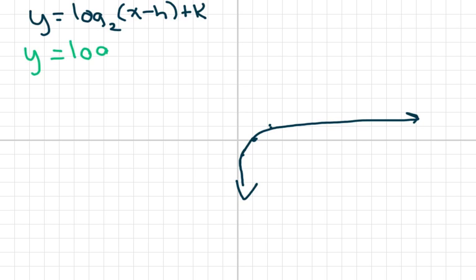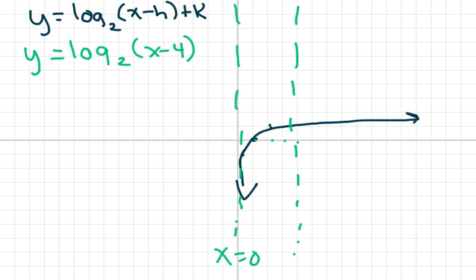So this is going to be log base 2 of (x minus 4). And all I'm going to do is move these points over by 4. That means my vertical asymptote for my original was x equals 0. So now I'm going to move it over 4: 1, 2, 3, 4. And draw a new vertical asymptote at x equals 4.